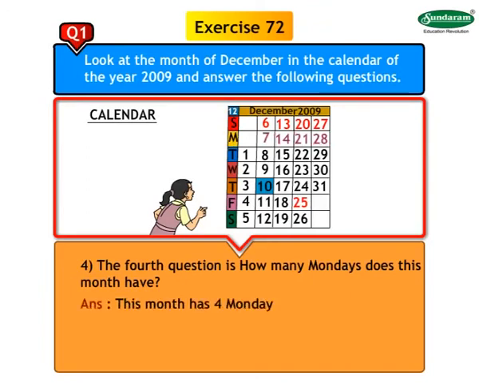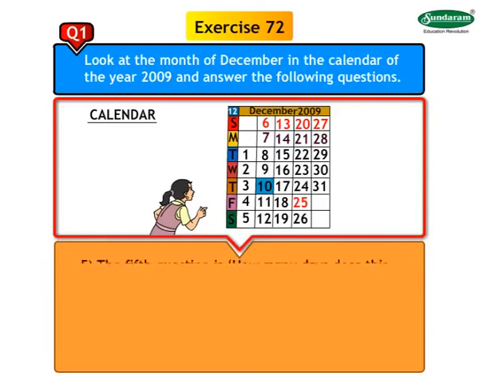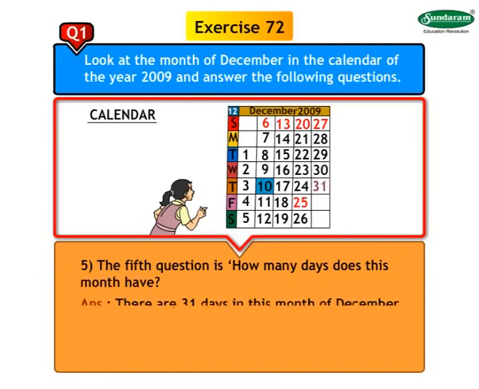Thus, this month has 4 Mondays. 5. How many days does this month have? As seen from the calendar, the last date written is 31. Thus, there are 31 days in this month of December 2009.